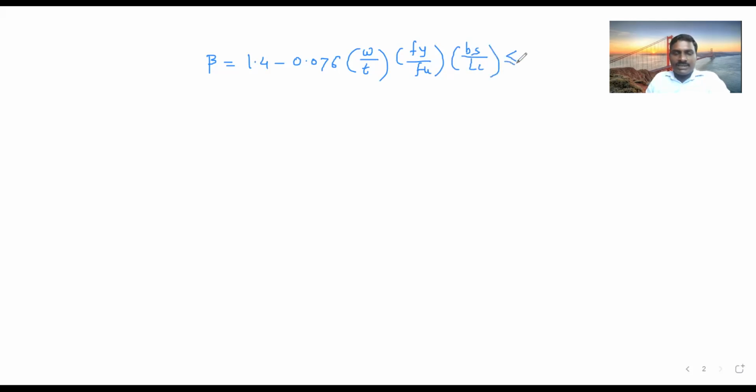This should be less than or equal to Fu gamma m0 divided by Fy gamma m1, and this should be greater than or equal to 0.7. So this is the formula for the beta. We have to calculate beta this way.